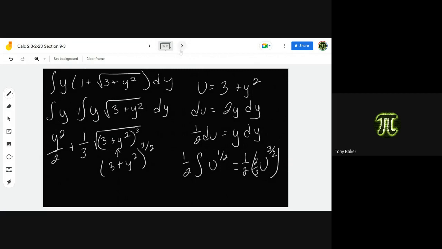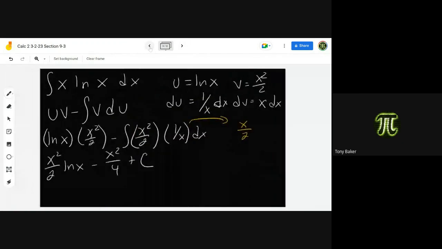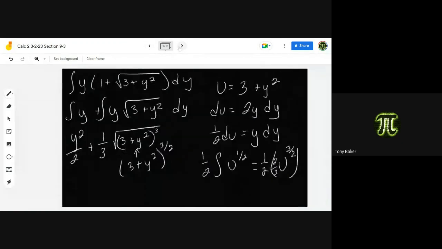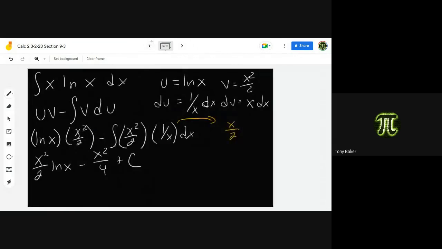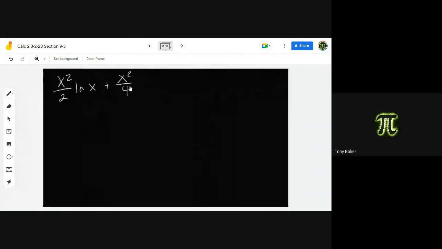All right. Can I write the first part? I did that. x squared over 2 times ln of x, plus x squared over 4, if I remember right. Yep.